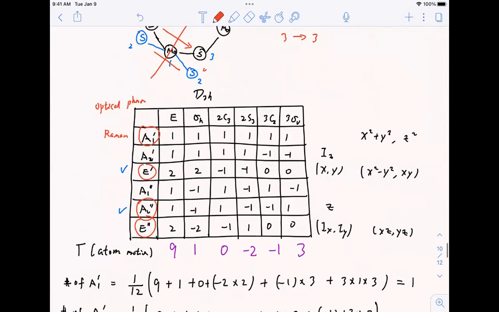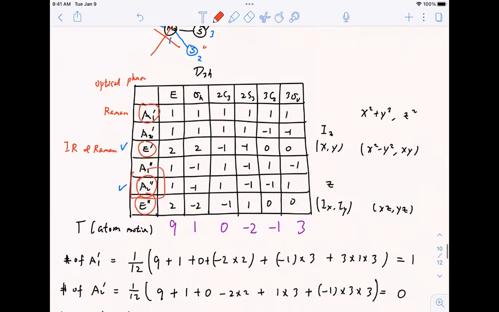Okay. So this E prime, is it Raman or infrared? Yeah, both. Okay, very good. You're learning. This is not a mode.